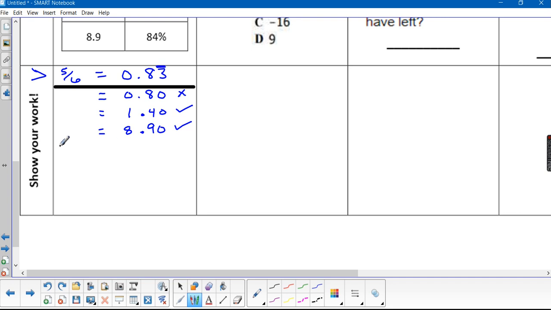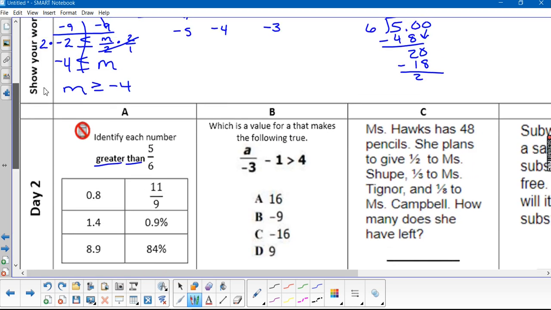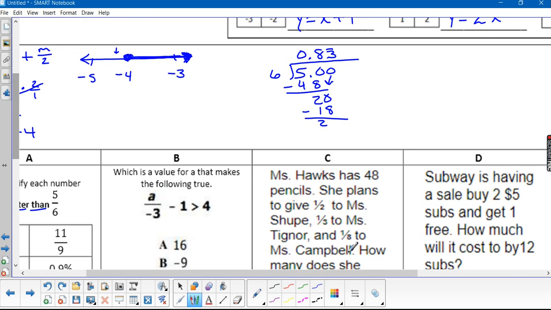11 over 9. Now we got some work. Oops, that 11 looks terrible. Sorry. All right, that's another division thing. I'm going back up here. 11 over 9. 9 goes into 11. Wait a minute. That's improper. So I know that that's going to have a whole number there. Do I even need to go any farther than that?